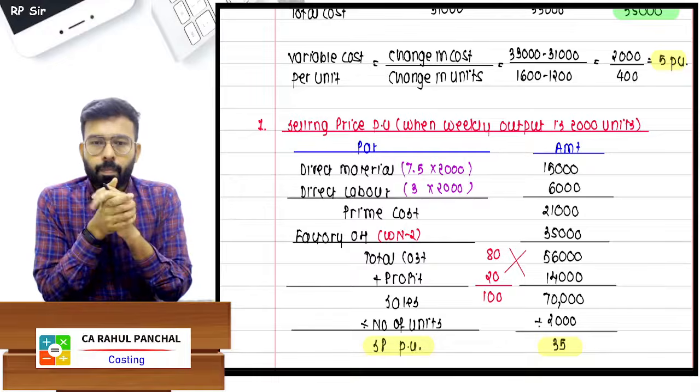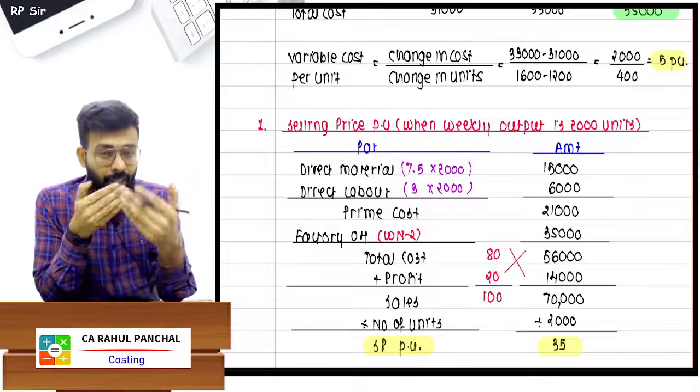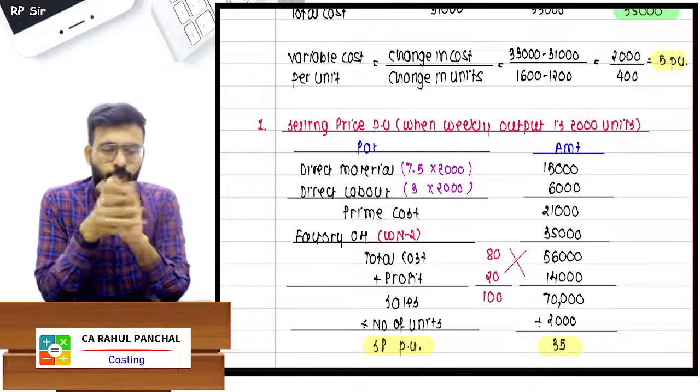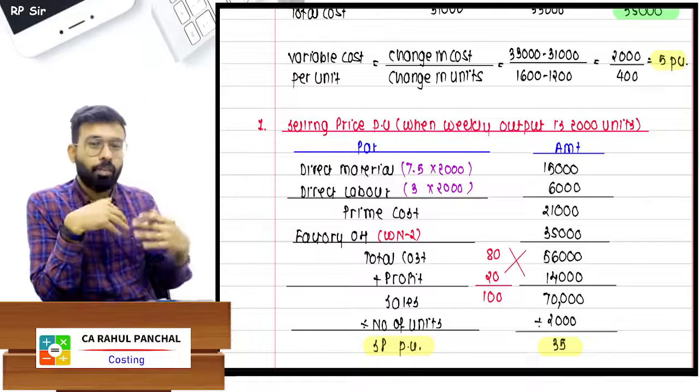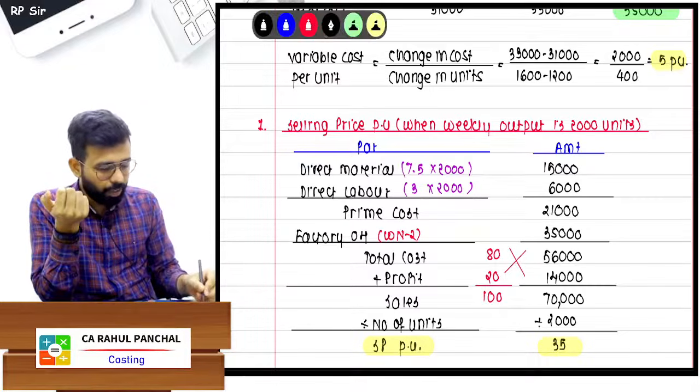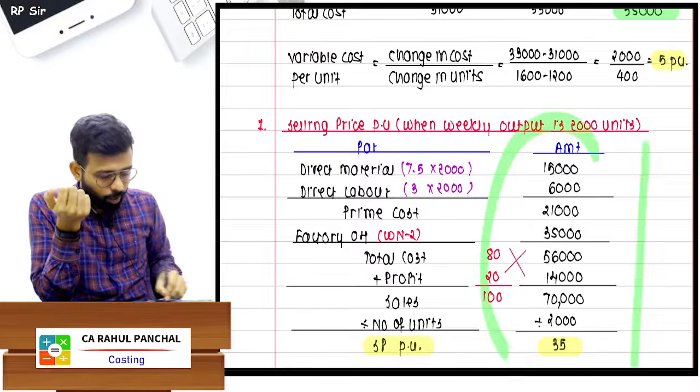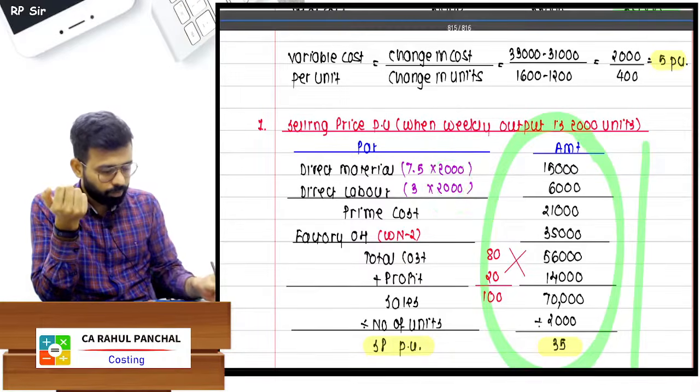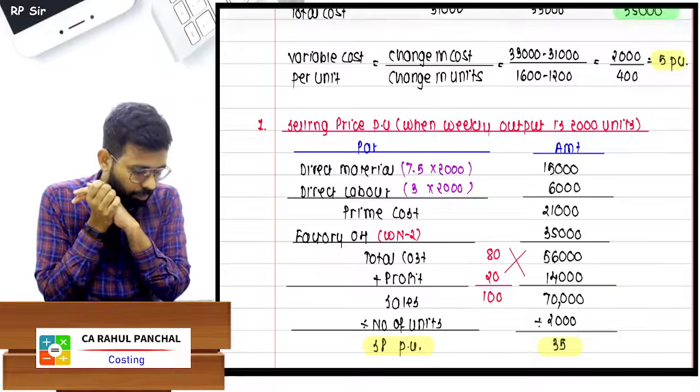So we don't need to make a CPU column, right? Yeah, because they are not asking for the entire cost sheet, so that is okay even if you do not make that column. But just in case you have a doubt, you can make that column. You can just divide all the figures by 2000.